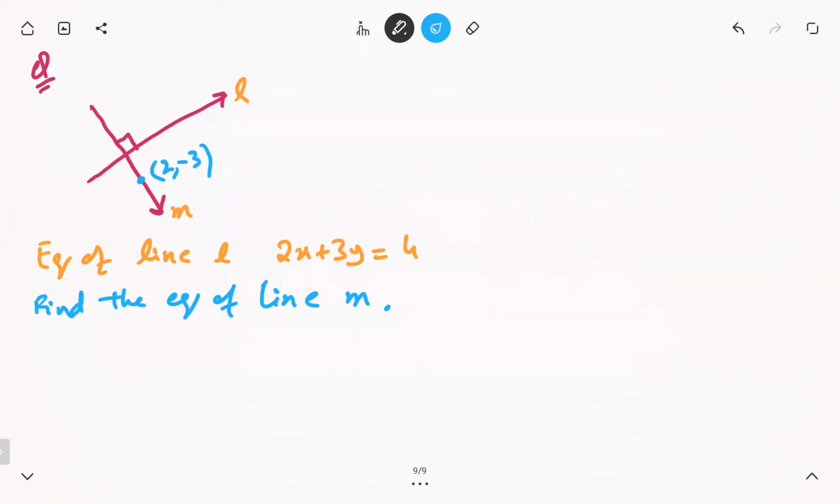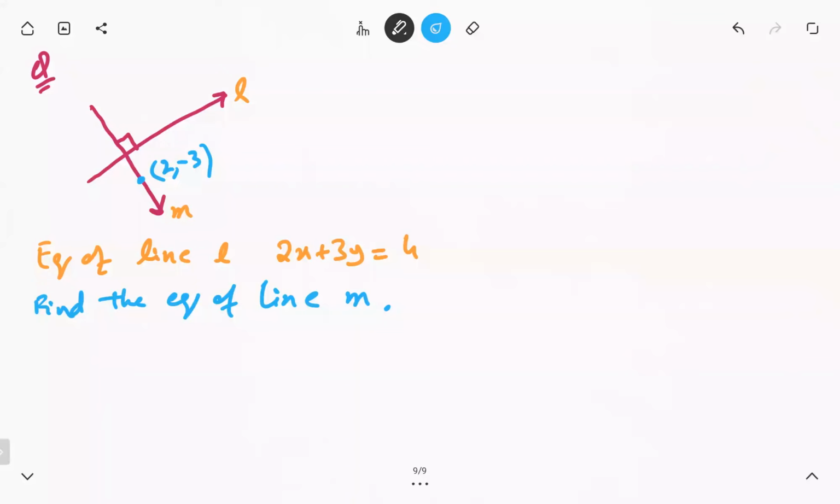First of all, you need to see what the main idea of this question is. Please listen, those who did not understand the question. I hope the majority got the idea. If you want to find the equation of the line M, you need one point and the gradient. The point is given on that line, but you don't have the gradient.